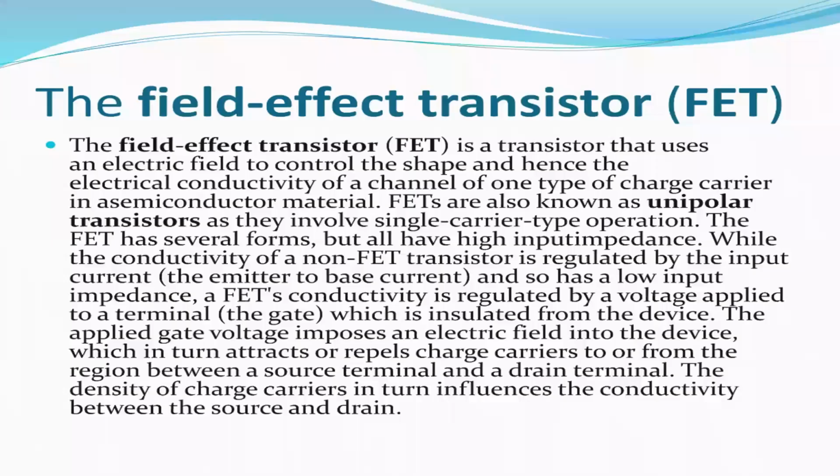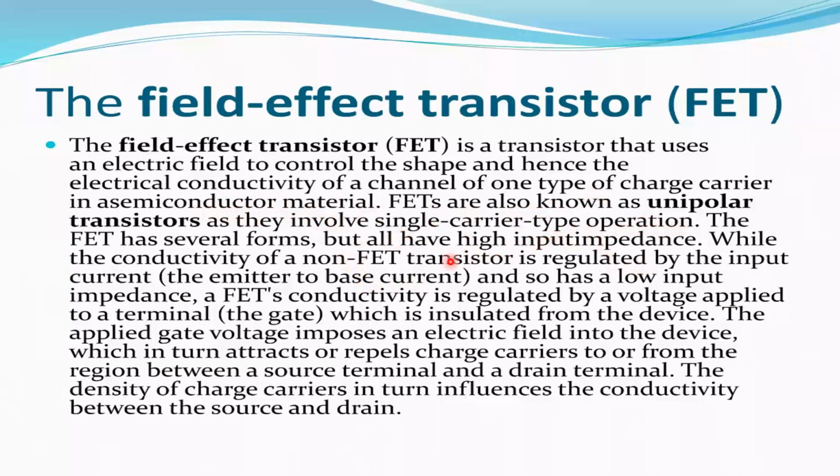And so now let us know what a field effect transistor is. The field effect transistor, FET, is a transistor that uses an electric field to control the shape and hence the electrical conductivity of a channel of one type of charge carrier in a semiconductor material. FETs are also known as unipolar transistors as they involve single carrier type operation.